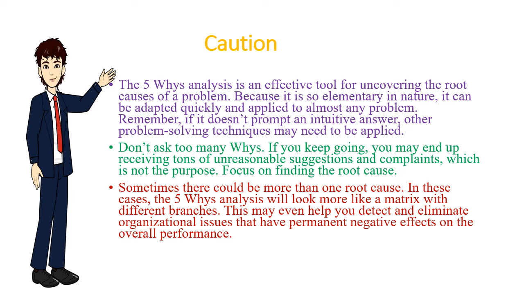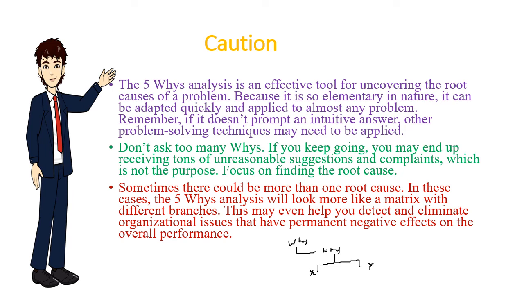Yes, sometimes there could be more than one root cause. In this case, 5 why analysis will look like a matrix with different branches. How will it look? See, here you have a why, you have a next why, but the answer to this particular why may be two: maybe x, maybe y.